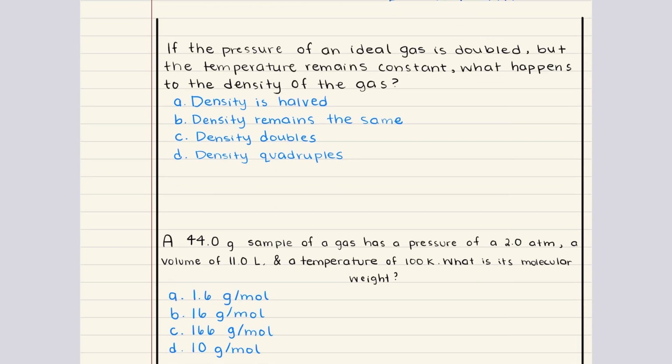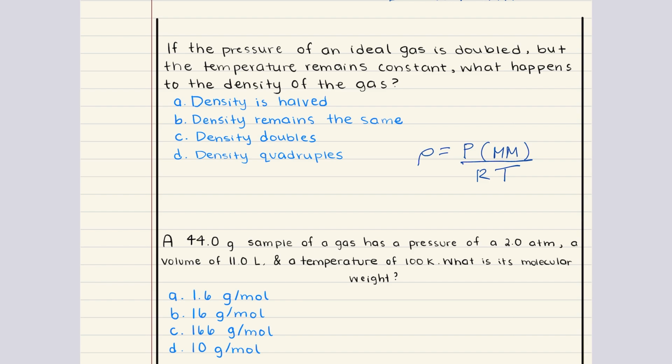Problem 4 says if the pressure of an ideal gas is doubled, but the temperature remains constant, what happens to the density of the gas? We need to use the density equation derived from the ideal gas law to figure this out. And that equation says that density is equal to pressure multiplied by molar mass divided by RT.